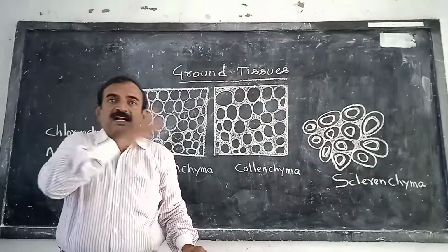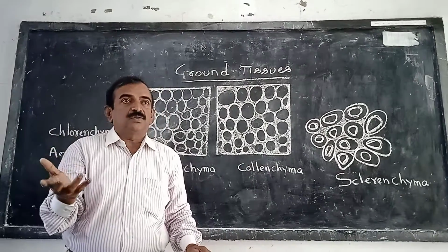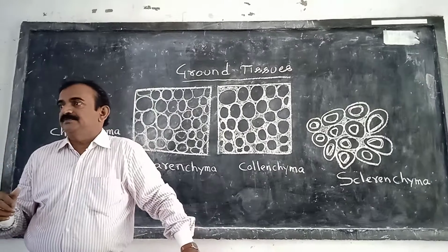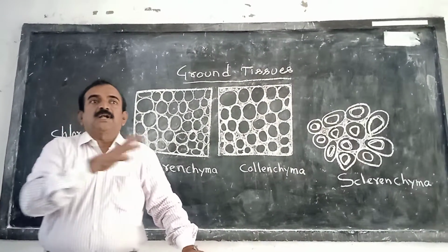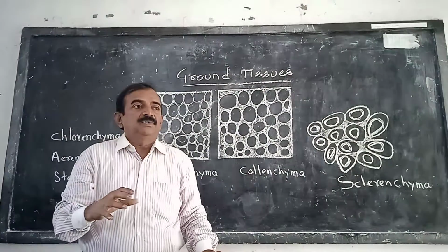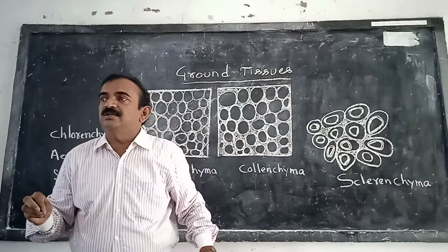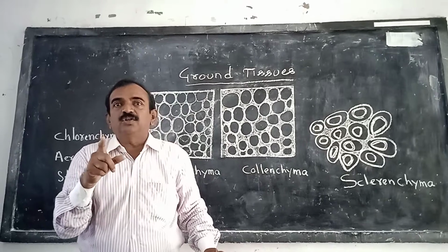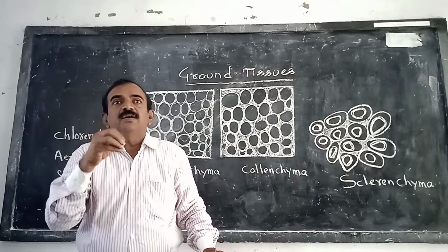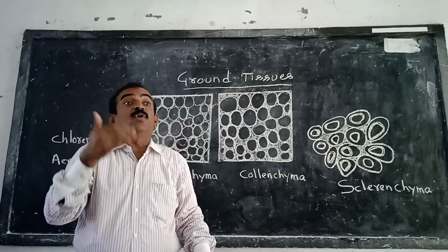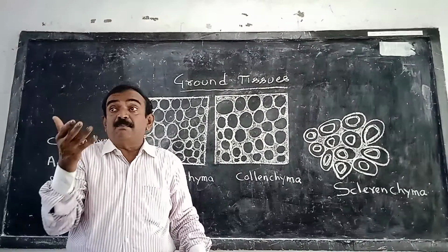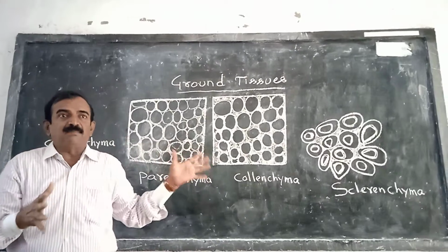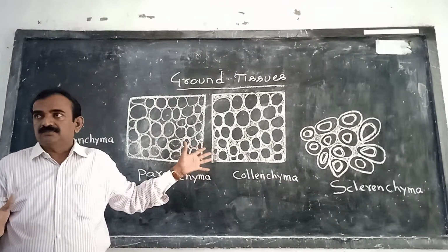Some of the tissue also prepares food, having chloroplast. In this way, ground tissue is called bulk tissue. Which tissue is called bulk tissue? Ground tissue. Why? Because it forms most part of the plant.